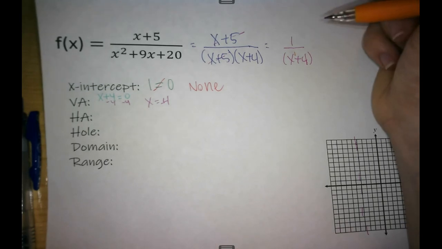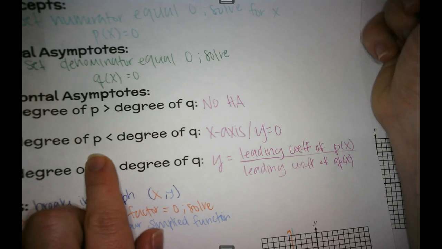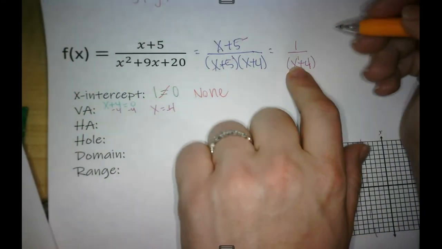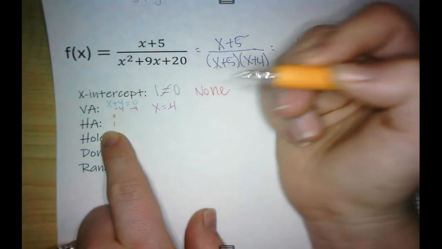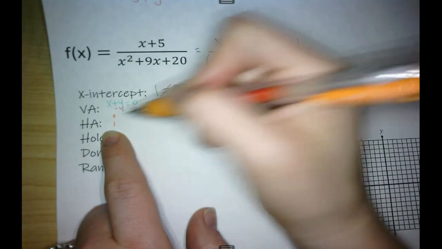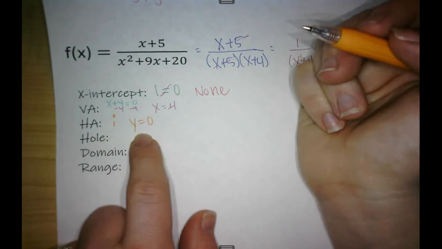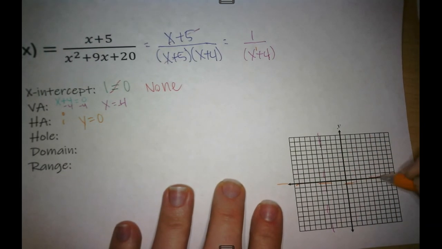So that top, because it's 0, is less than 1, right? We've got 0 on top, and we've got 1 on the bottom. So that means that the top is smaller than the bottom. So our horizontal asymptote is at y equals 0. So right here on the x-axis, okay?